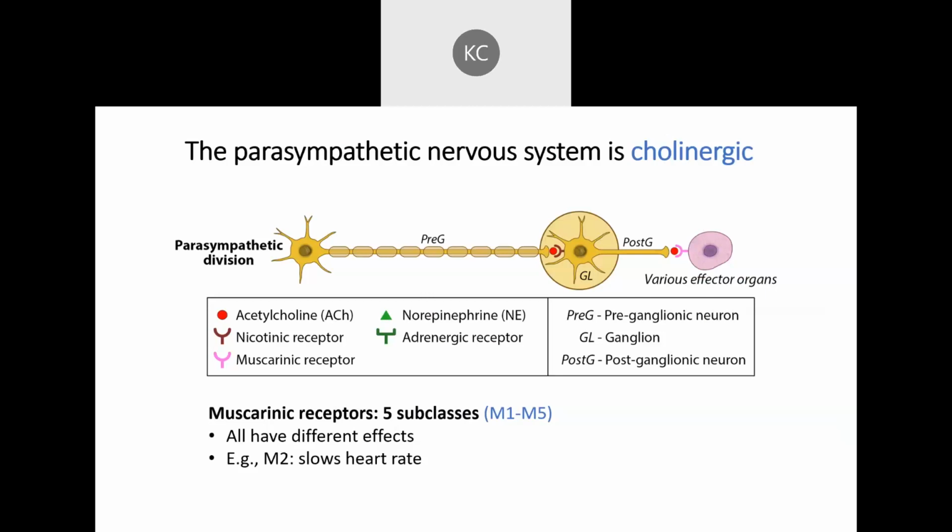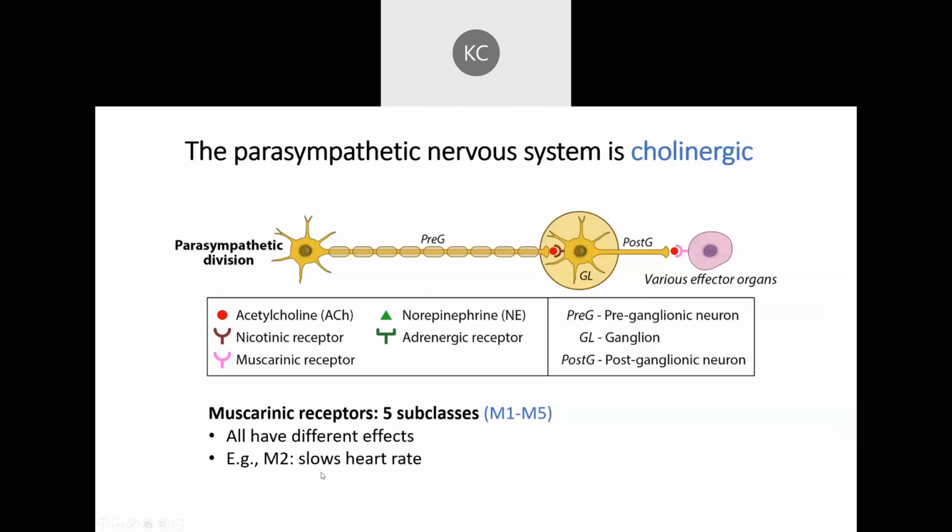So postganglionic parasympathetic neurons release acetylcholine that binds to a muscarinic receptor. The term muscarine is a mushroom poison, and this mushroom poison mimics the effect of acetylcholine whenever it binds to these receptors. So when you have muscarine bind to the receptor, it's going to mimic that same effect.